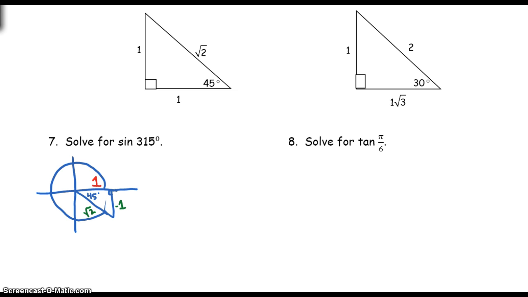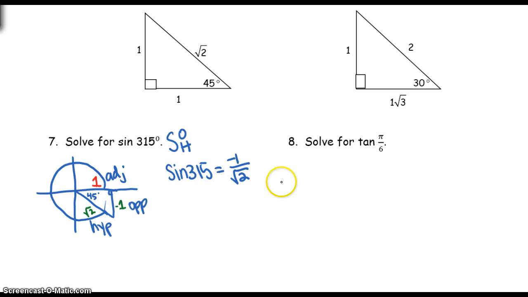So now we have to find the sine of 315. Well, let's talk about SOHCAHTOA. So sine is opposite over hypotenuse. If 45 is your angle, your opposite here, your adjacent is here, and your hypotenuse is here. So the sine of 315 then will be opposite, which is -1, over hypotenuse, which is the square root of 2.